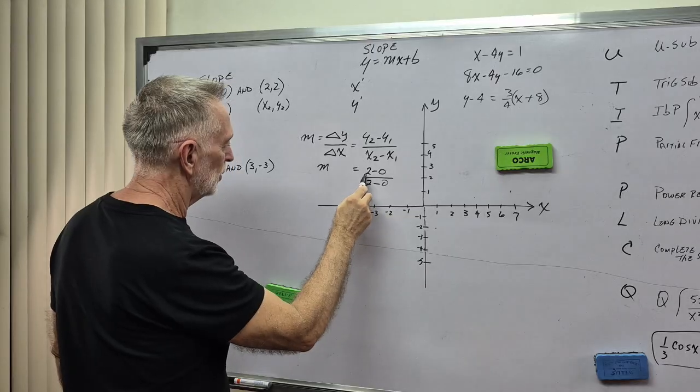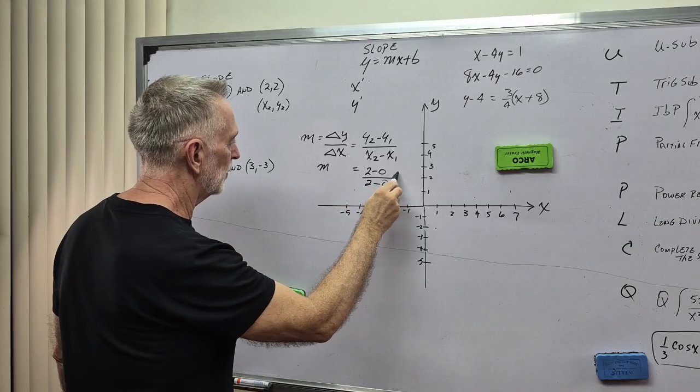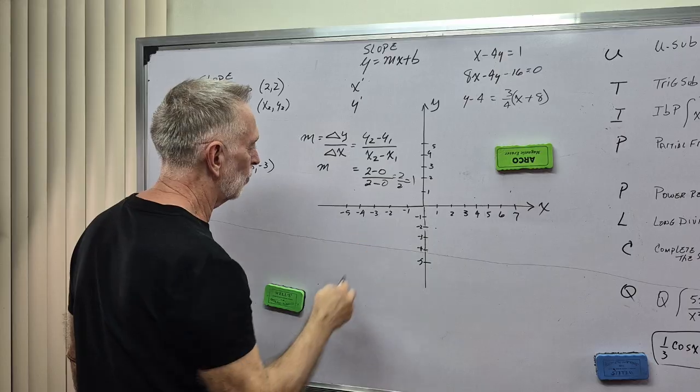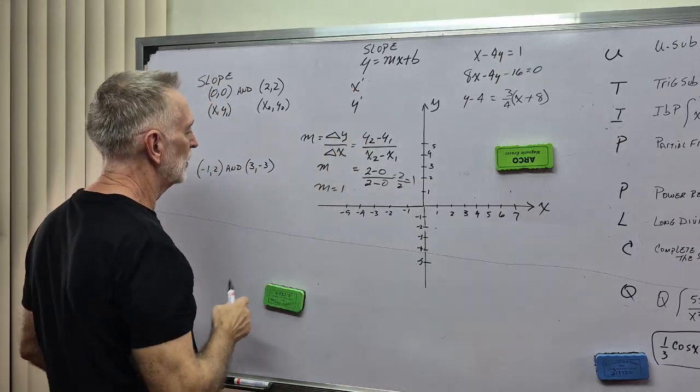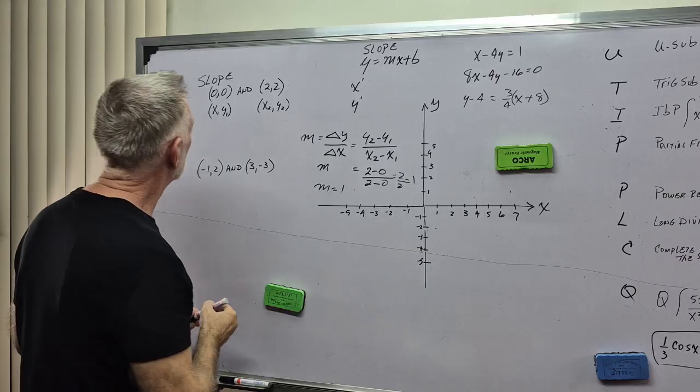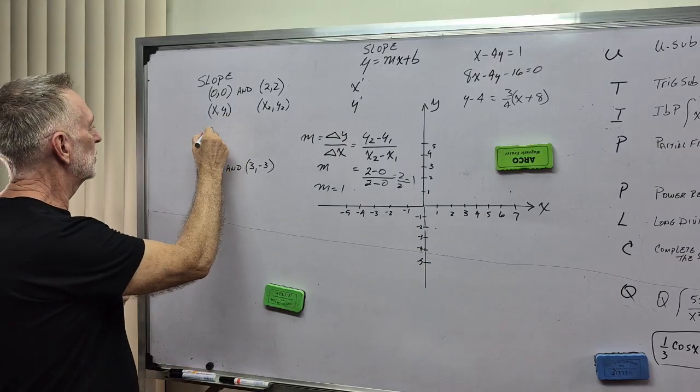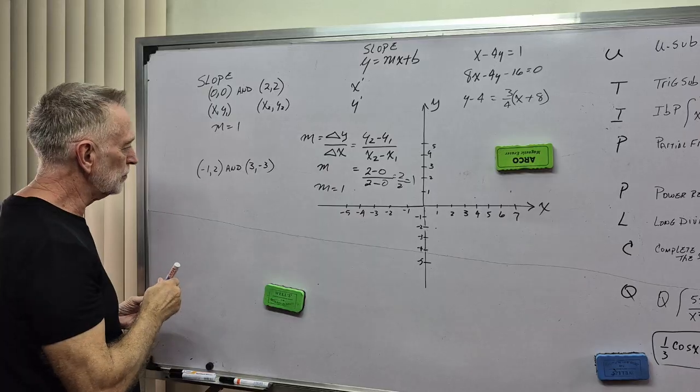Okay, so I have 2 over 2, which is 1. So m in this equation is 1. So the slope for this one, m equals 1.